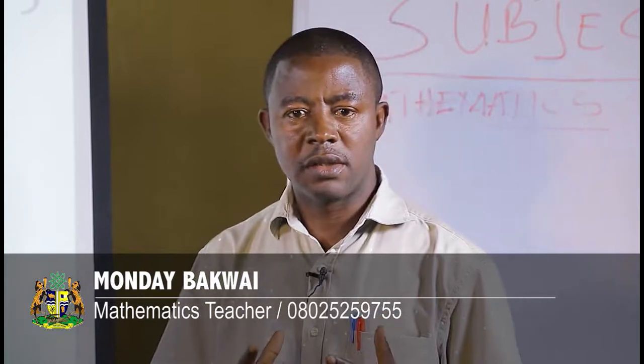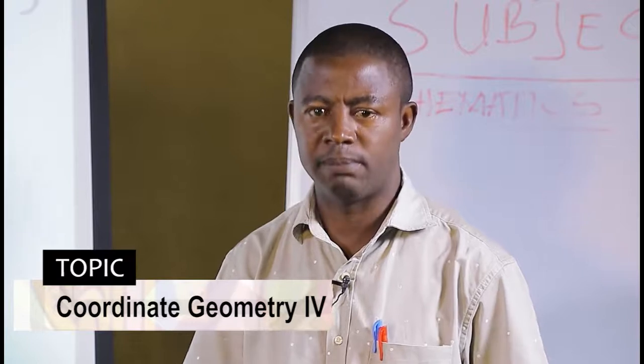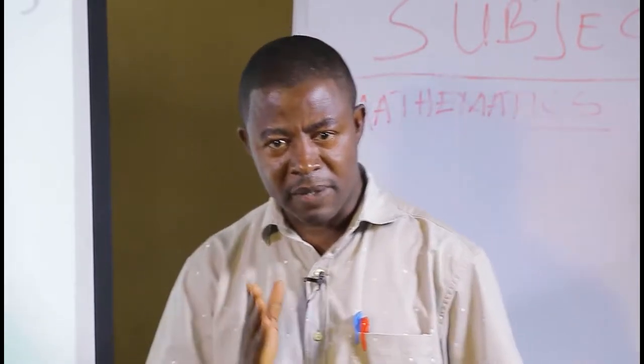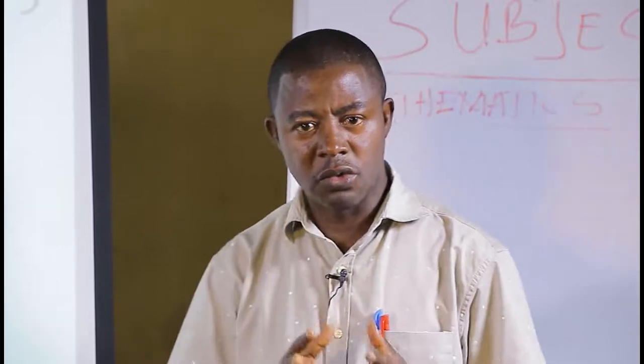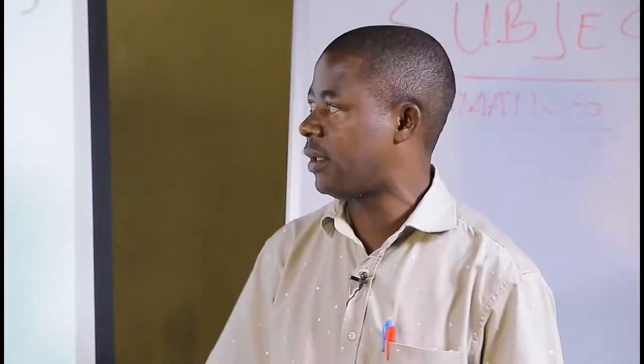The question spells out that you are finding an equation that will be perpendicular. Now you must go back and recall the condition of perpendicularity. When two lines are perpendicular, we told you that the product of their gradients must be equal to -1.